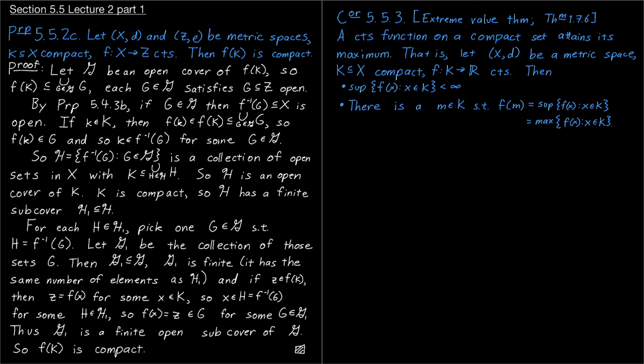You can write out a proof of this directly from the definition of compact set. You can come up with the right open sets to cover K to get that you're bounded, and once you've got that you're bounded, you can come up with the right open sets to show that you actually achieve this bound, but you can also prove it very quickly using proposition 5.5.2. So we'll do that.